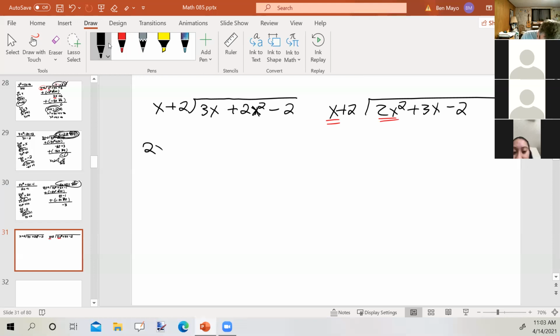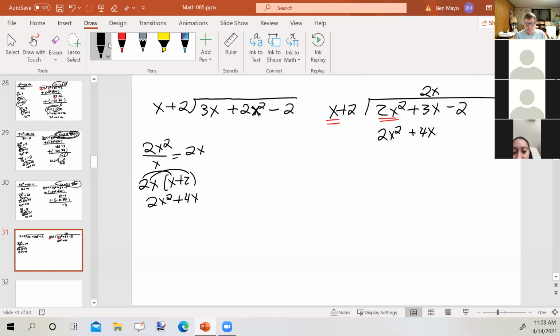So 2x squared divided by x would be 2x, which goes up there. Then we take the 2x times the x plus 2, distribute: 2x squared plus 4x, which goes here.